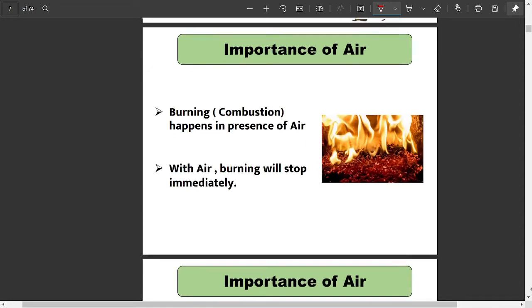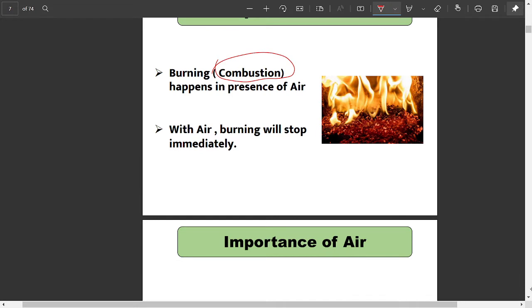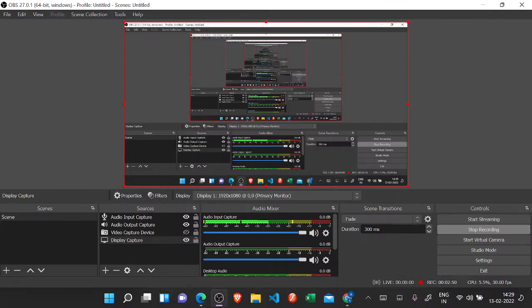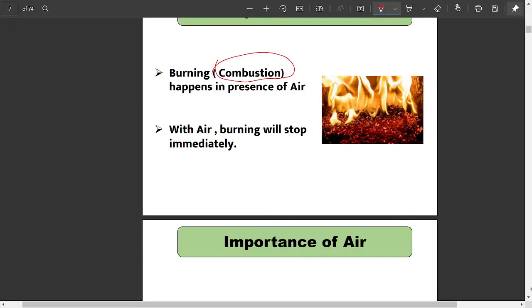Importance of the air is for burning things. We can also say it in a better way: combustion. Combustion is very important for our nature, and it happens in the presence of air.